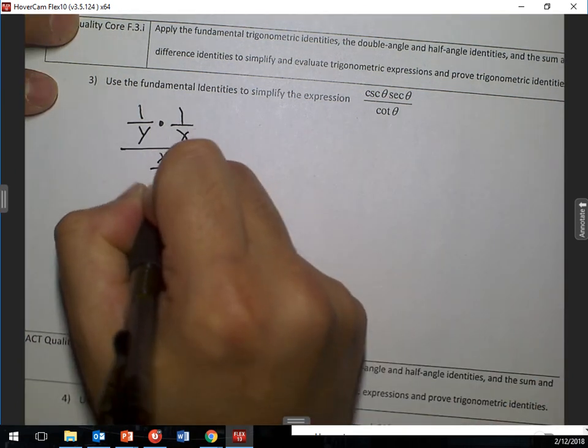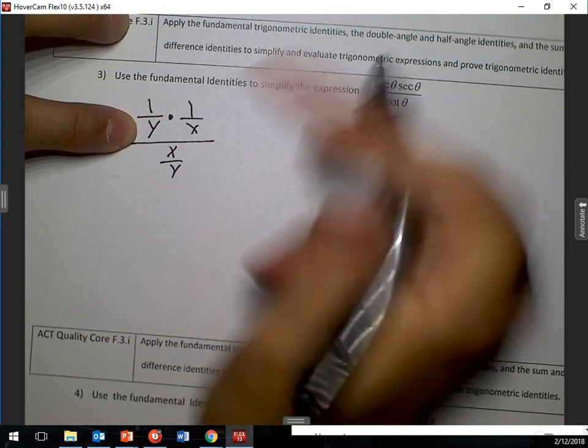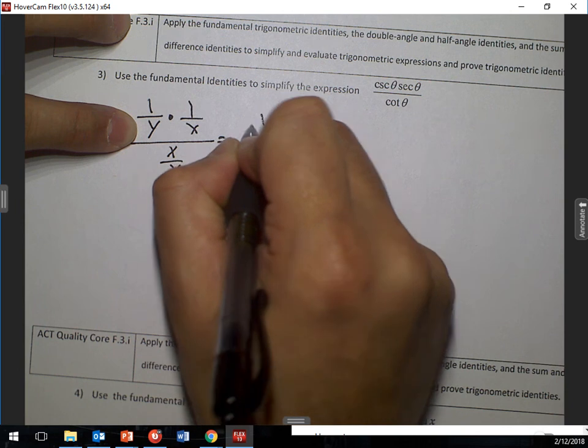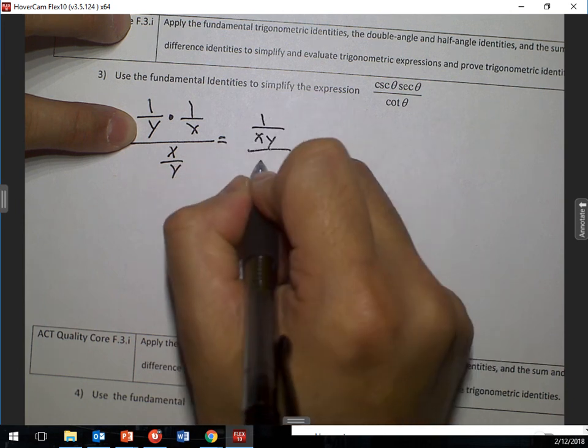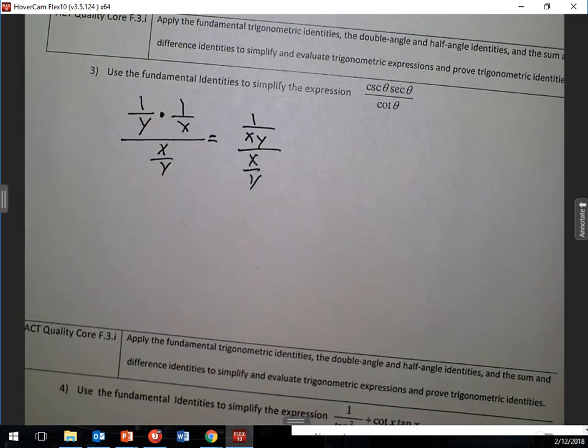If I put these together on top, I get 1 over xy, divided by x over y. And we don't like fractions over fractions, do we? No. You have to multiply by the reciprocal.